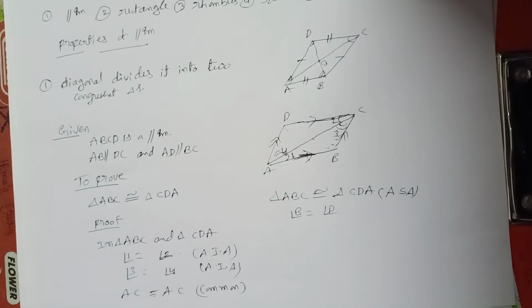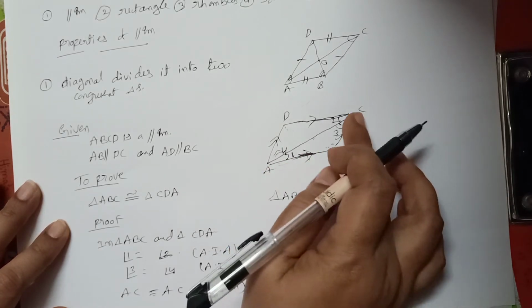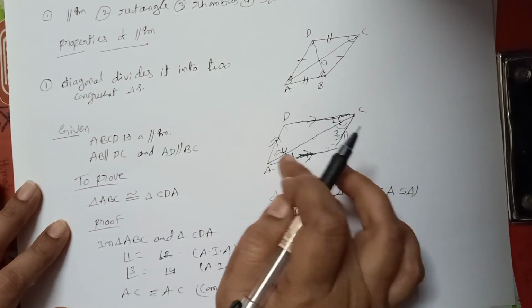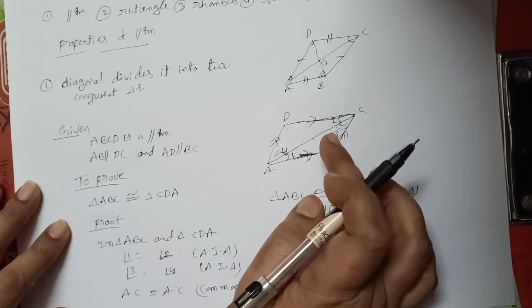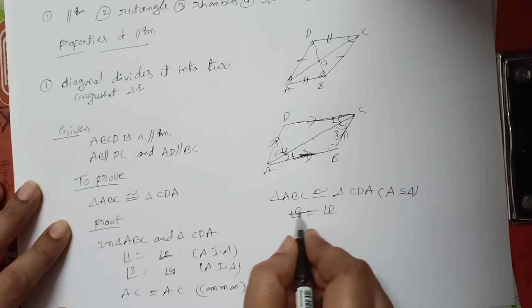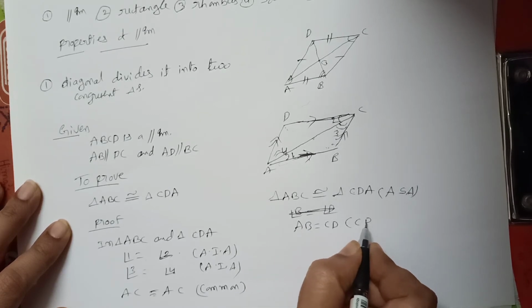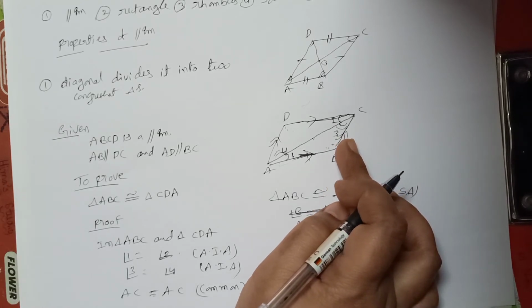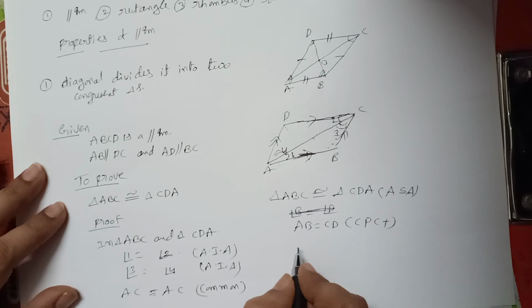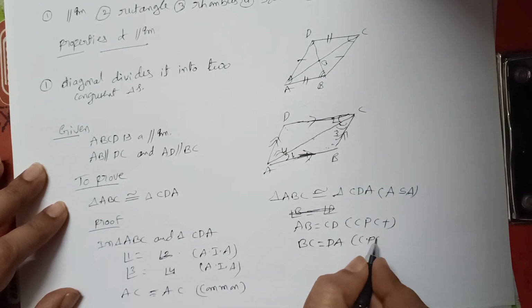From this one we can prove opposite angles are equal and opposite sides are equal. Because these two triangles are congruent, AB is equal to CD, corresponding parts of congruent triangles. BC is equal to DA, corresponding parts of congruent triangles.